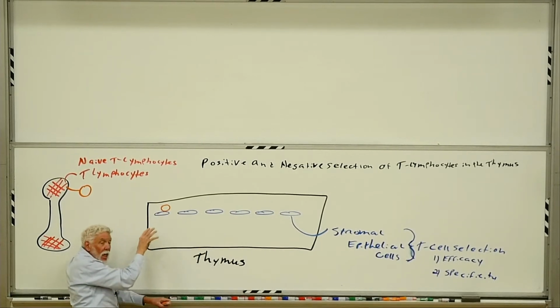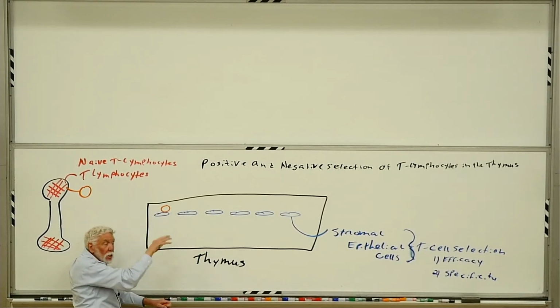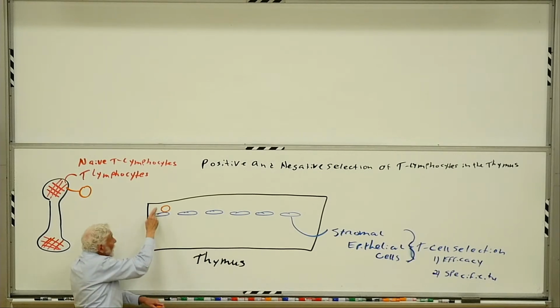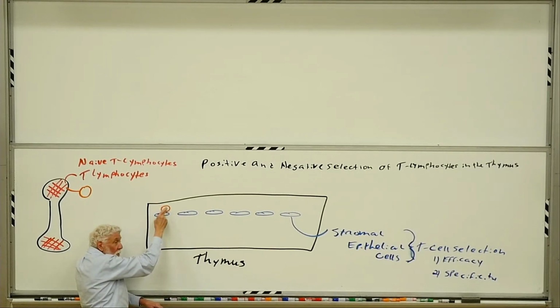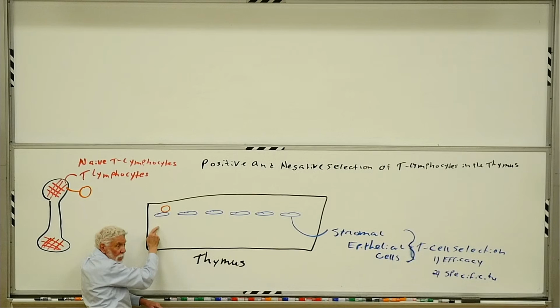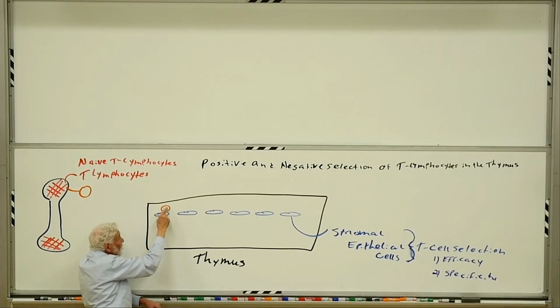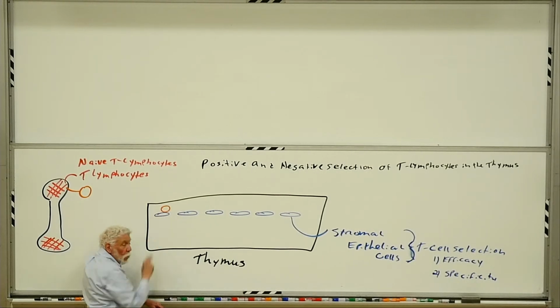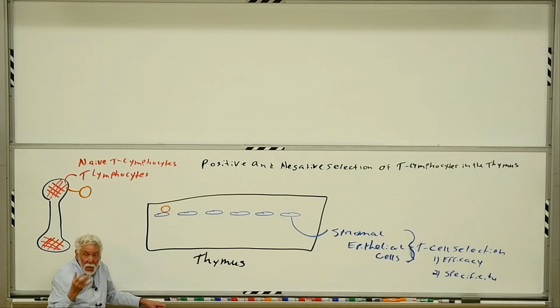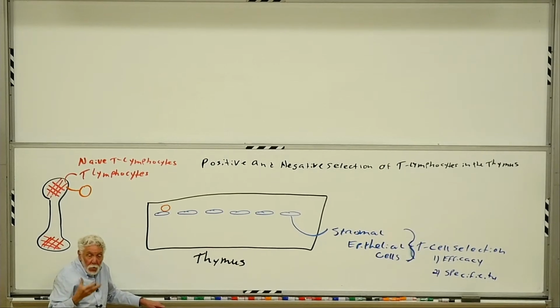We do different selections in the cortical region, the medullary region, but for our purposes, this naive T cell binds to the stromal epithelial cell. And there's a kind of welcome. Hello, how are you? And the epithelial cell says to the T cell, can you recognize proteins? Do you have the ability to recognize proteins that are expressed on other cells?